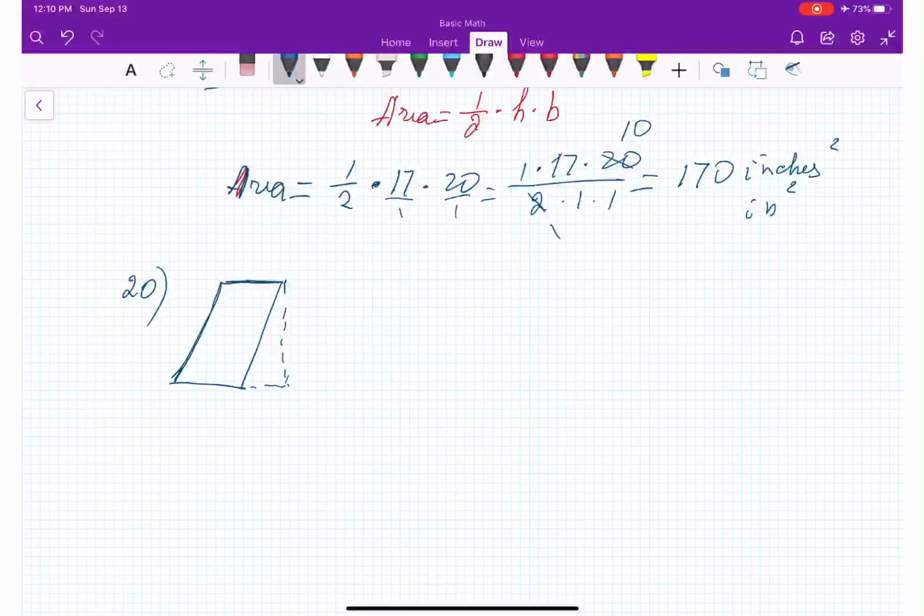All right, so what do we have? This side is 1.8 centimeters. Height is 5.2. Okay, so we need to find the area.